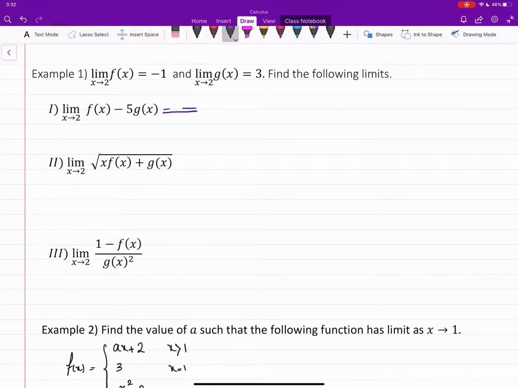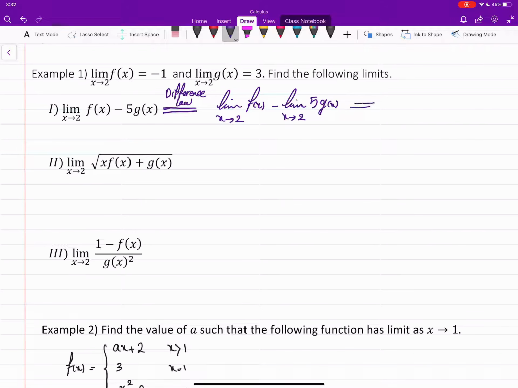Well, since we know the limit exists on each part, we can use the difference law, and then we can separate the limit of f(x) and the limit of 5g(x) as x goes to 2.